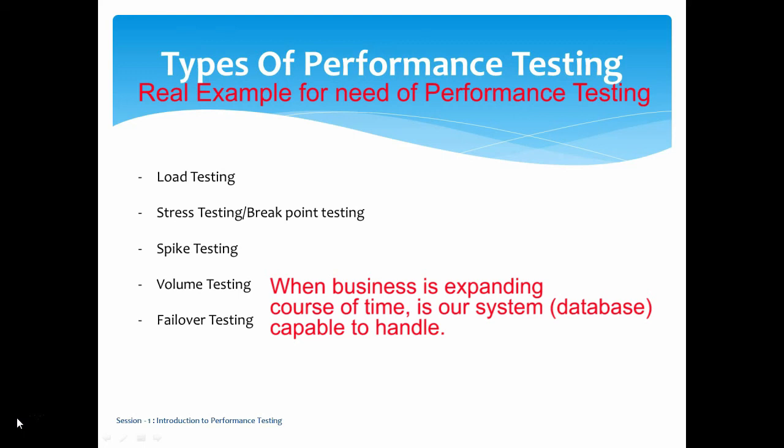Obviously the database performance will go down whenever more records are added to the database, right? So volume testing is to evaluate this kind of situation: whether the db is able to perform quickly or not. If not, what are the key things we need to take care of, and how do we improve the performance of the db when there are more records in the database?